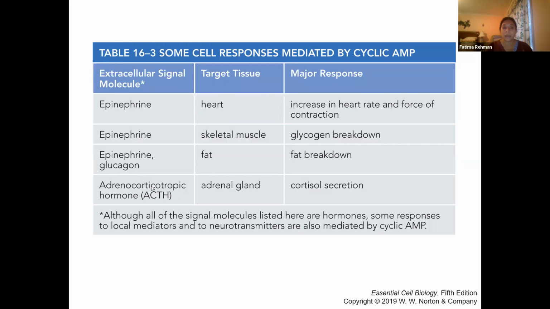And then the adrenocorticotropic hormone is going to, these are all in response to fight or flight type responses, lead to cortisol secretion, which is a hormone that is increased when you have high levels of stress, by the adrenal gland. Okay. And all of these responses require cyclic AMP as that mediator, the second messenger in that G protein coupled receptor signaling.